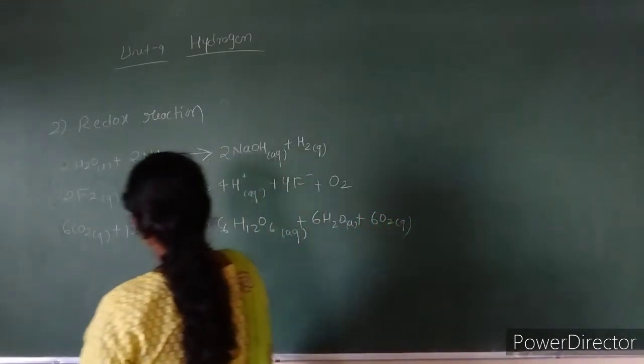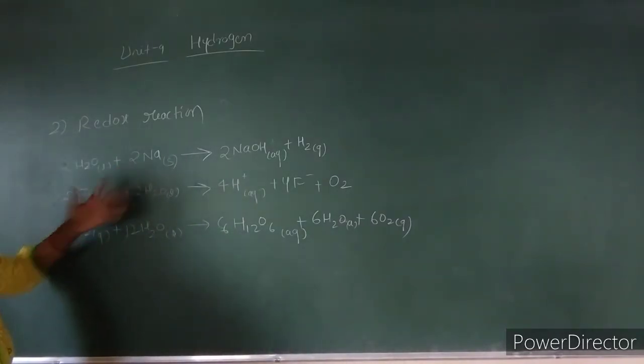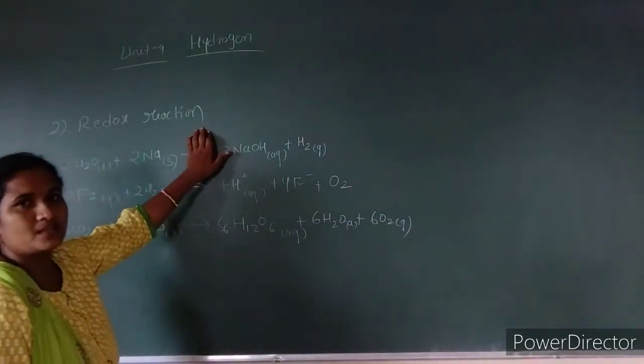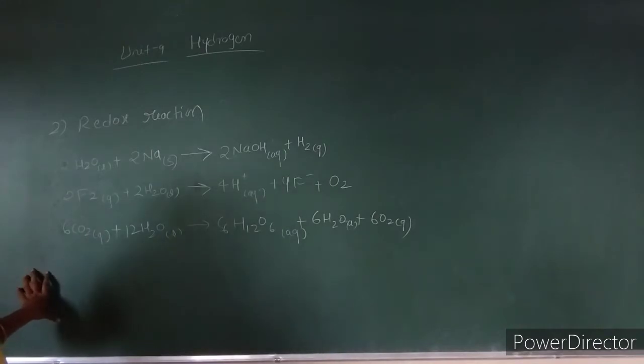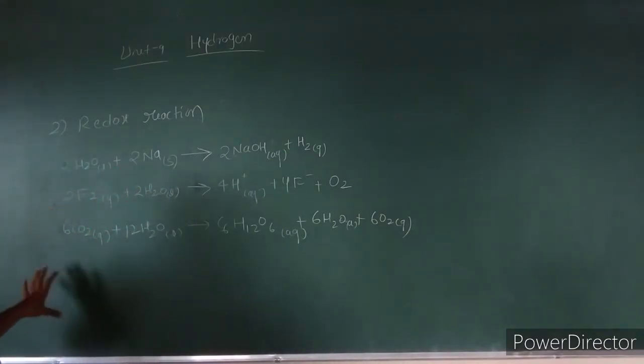In this way, water shows both oxidation as well as reduction property, which is considered the redox behavior of water. So these are the examples of the reduction reaction as well as the oxidation reaction.